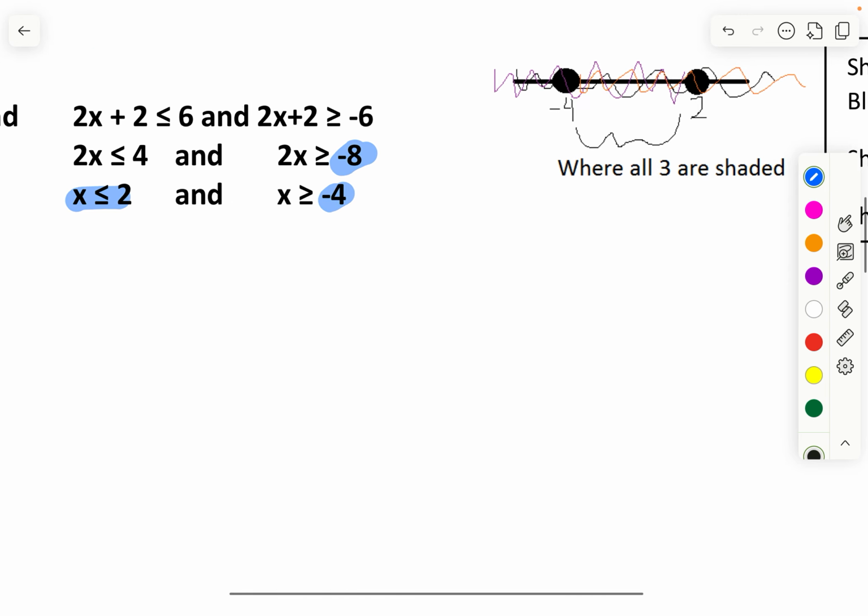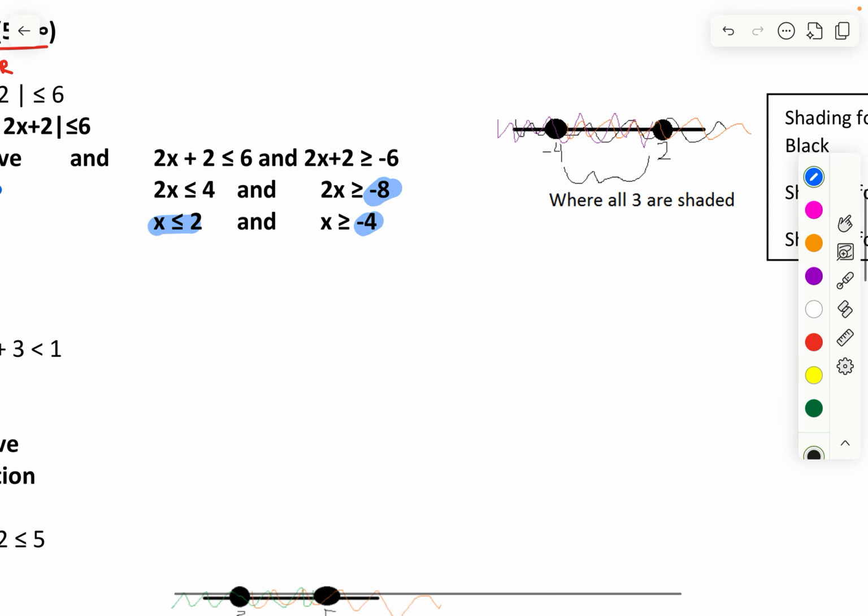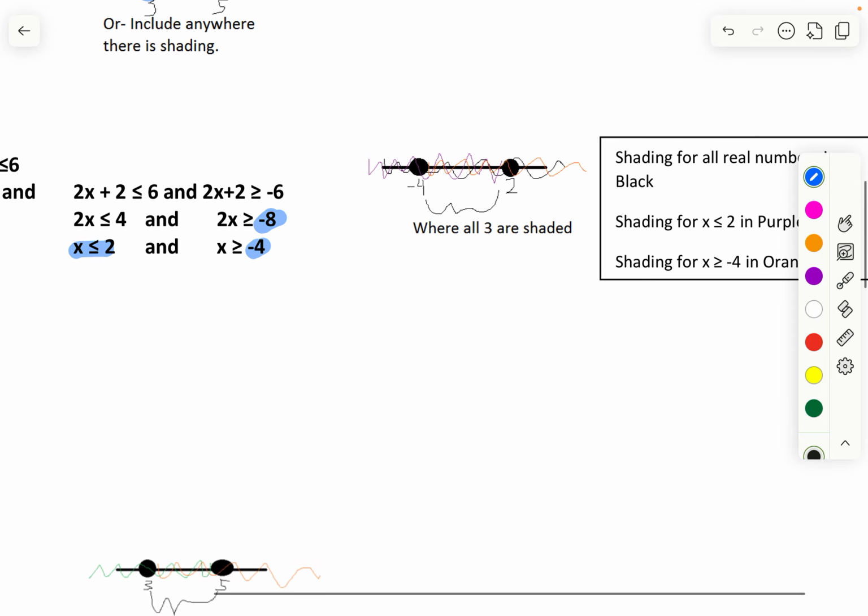So then I came over here and I shaded all three of these. The shading for the real numbers was in black. The one where any x will work is going to be that black line. And then I put a closed circle on negative 4, for x is greater than or equal to negative 4.